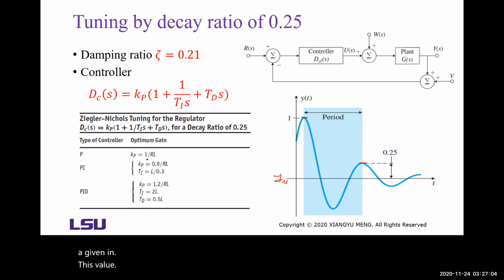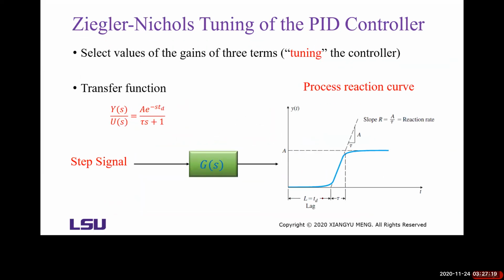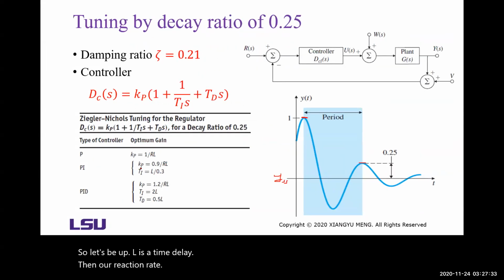If we use a P controller, it's 1 over R L. L is the time delay, and R is the reaction rate. If you use a PI controller, that's the value for Kp and Ti. If you use a PID controller, Kp, Ti, and Td.